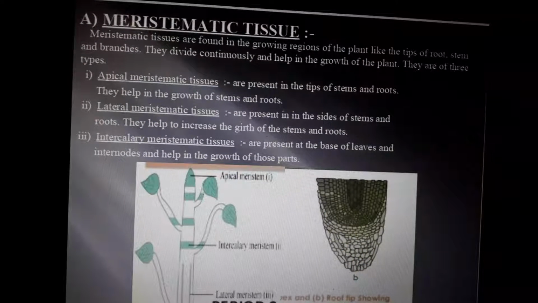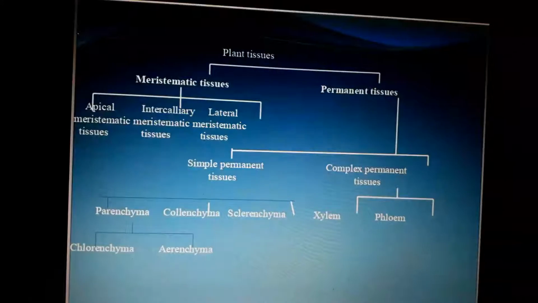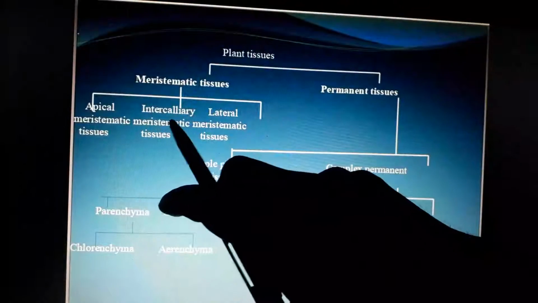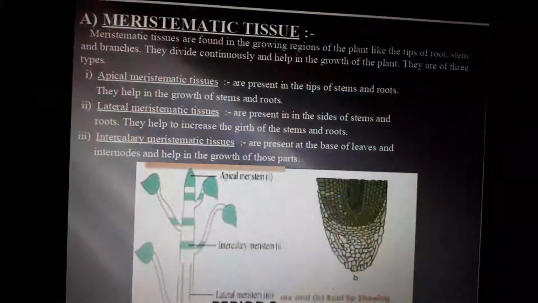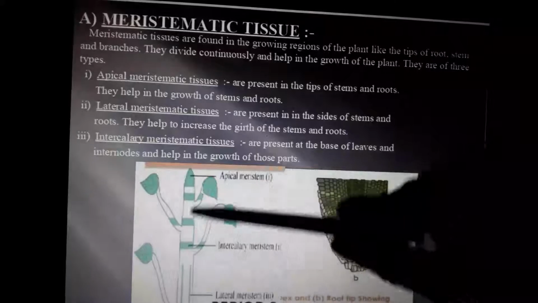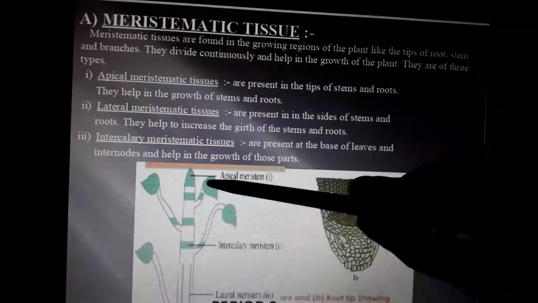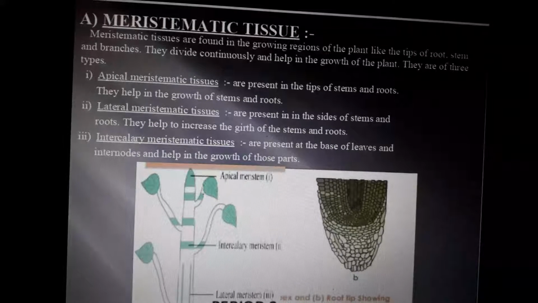Let's see meristematic tissue. Actually, what is that? Three types of meristematic tissues are there: apical, intercalary and lateral. What are they? We will study. So just imagine this as a plant. Understand? This is a plant. This is the root, stem, leaves and the tip of the plant.